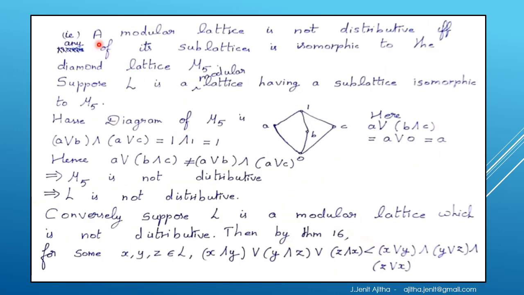That is, the contrapositive statement of the theorem is: a modular lattice is not distributive if and only if any of its sublattices is isomorphic to the diamond lattice M5.